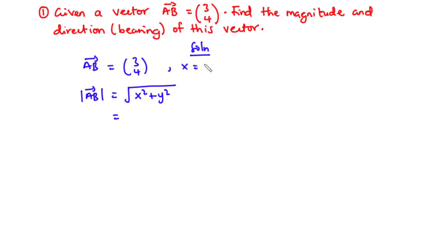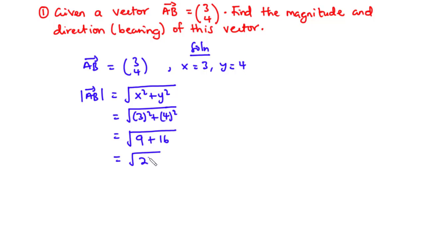The x component is 3 and the y component is 4, so that is the square root of 3 squared plus 4 squared. 3 squared is 9, 4 squared is 16, 9 plus 16 is 25. The square root of 25 is 5. So the magnitude of vector AB is 5 units.